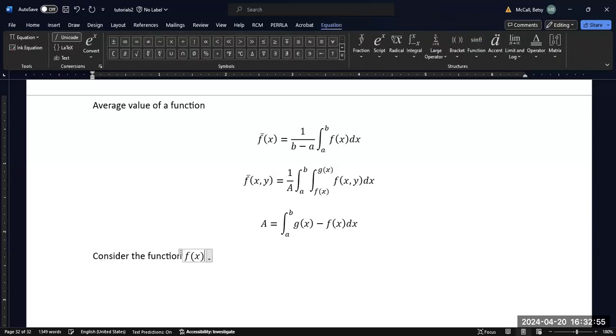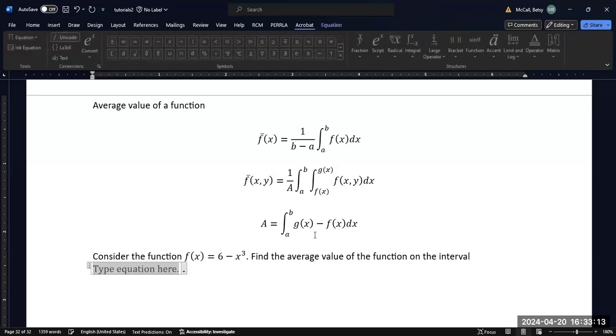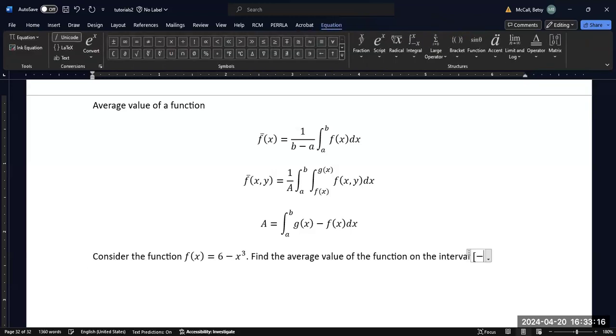So let's consider the function f of x is equal to 6 minus x cubed. And we want to find the average value of the function on the interval -1 to 1.